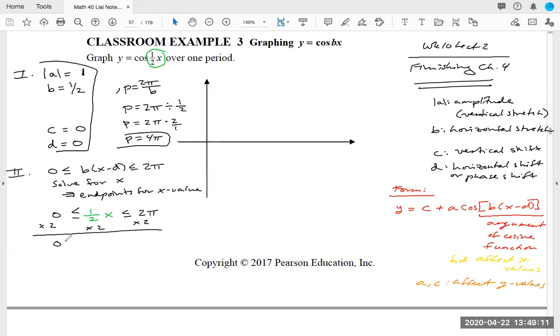And then I get 0, x in the middle, and 4 pi. So those are going to be my end values for x.